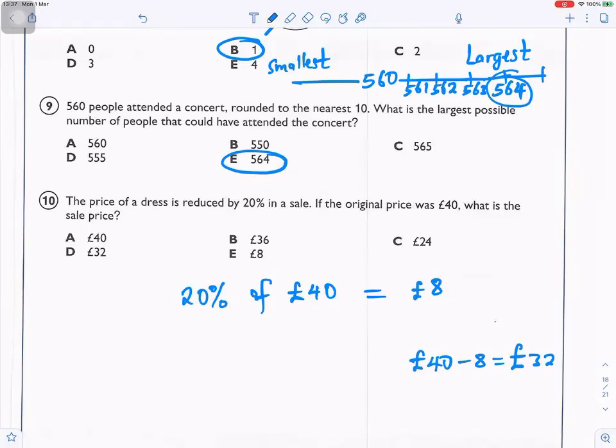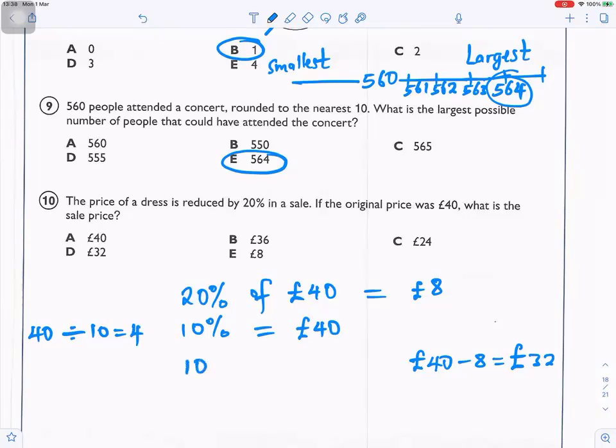Now I hear somebody say, how did you get £8? So we want to find 10%. 10% of 40 is £4. 10% means you divide by 10. So 40 divided by 10 gives you £4.